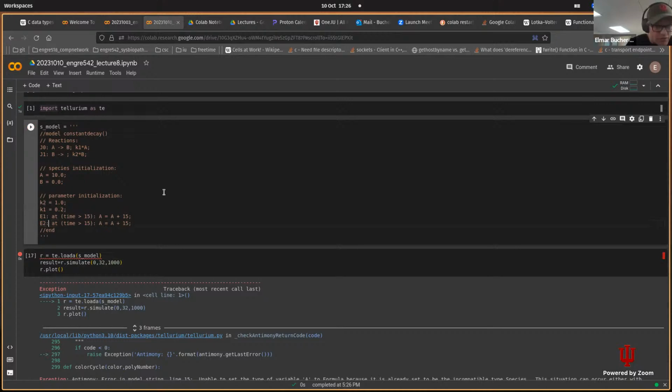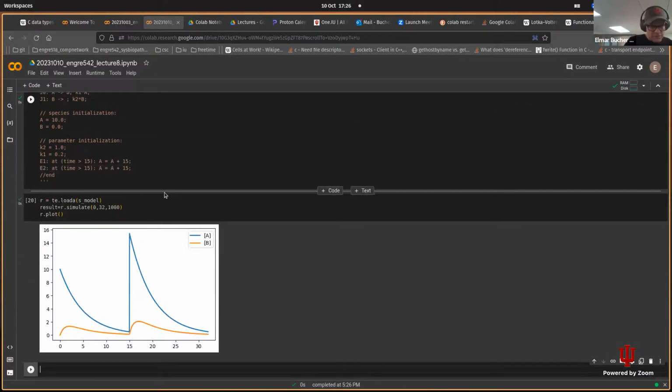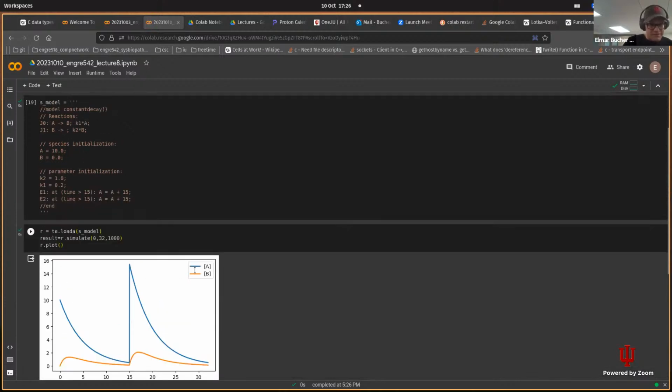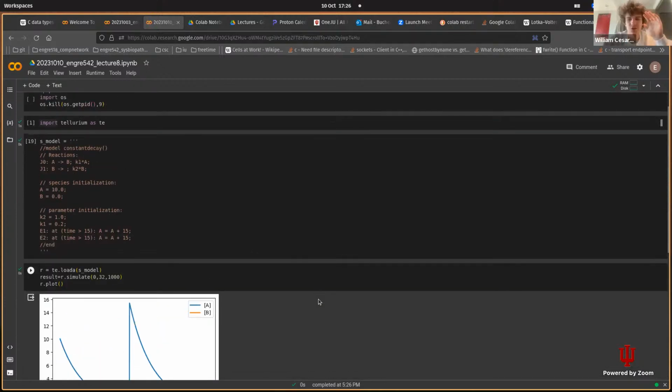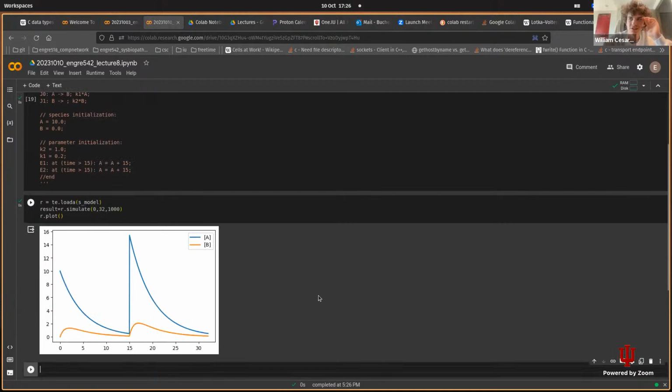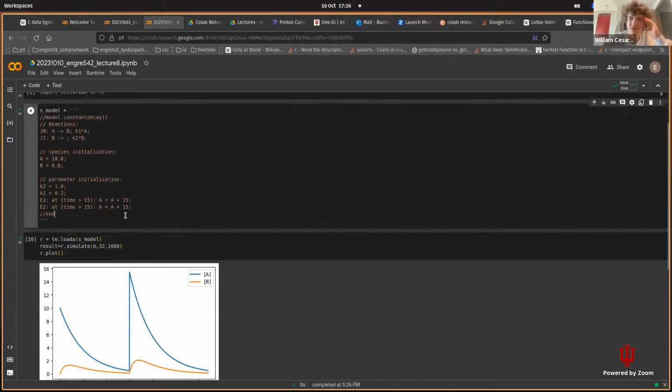They should go to 30 if I understood it right. And it doesn't. Interesting. You can do time mod 15 equals 0. So it does it every 15 seconds, and it works for every 15 time intervals.